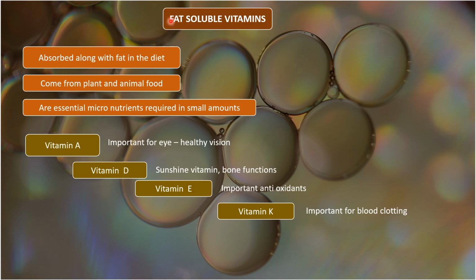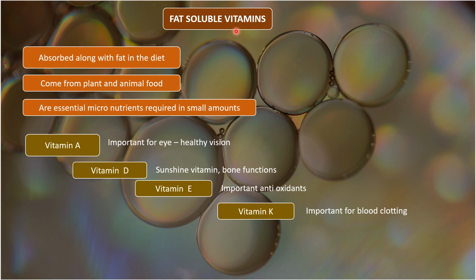So you have a reservoir of these vitamins in your body. For some time, if you do not take these vitamins, it's okay, because the vitamins present in your body would be enough for your body to deal with.